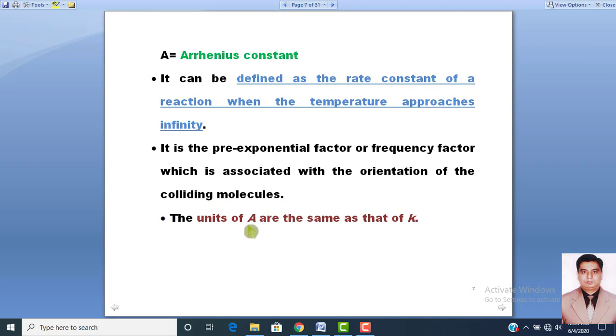And remember, the unit of the Arrhenius constant A will be the same as that of the rate constant k. So the units of the rate constant and the Arrhenius constant are the same.